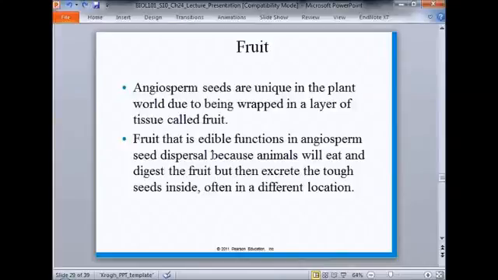There's a famous story about dodo birds and a tree that they supposedly helped to disperse. The story goes that you had dodo birds on an island with a tree that's now called the dodo tree. A famous article said there weren't any of this tree around anymore, and they looked back and said, maybe this is because there are no dodo birds.